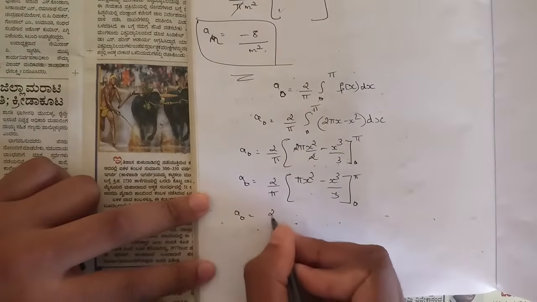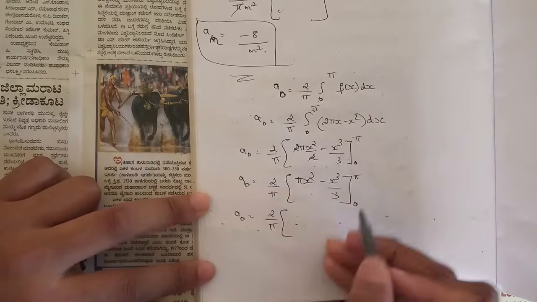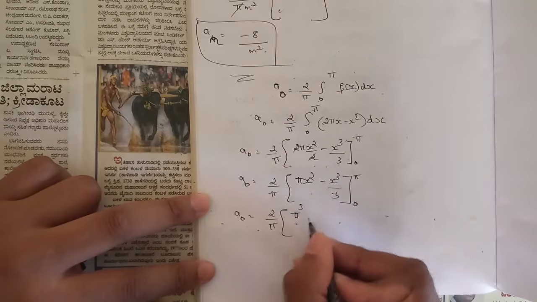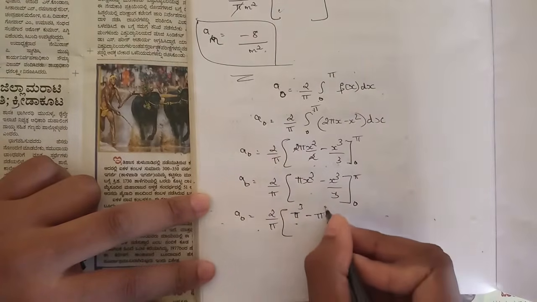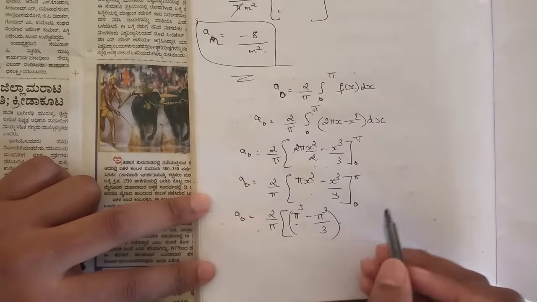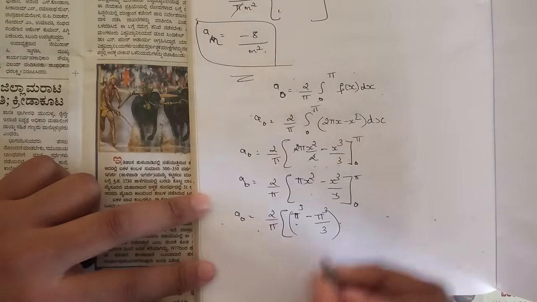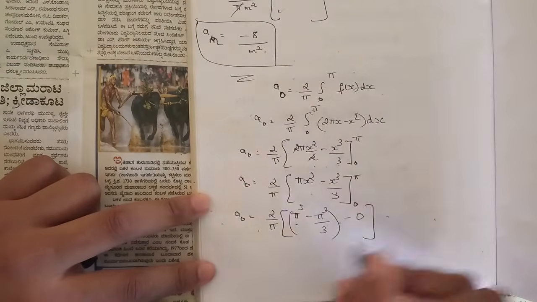A naught equal to 2 by pi into pi square, it becomes pi cube minus pi cube by 3. So here the minus the limit of 0, this whole term becomes 0. So I am not going to write that. So let's write it minus 0.